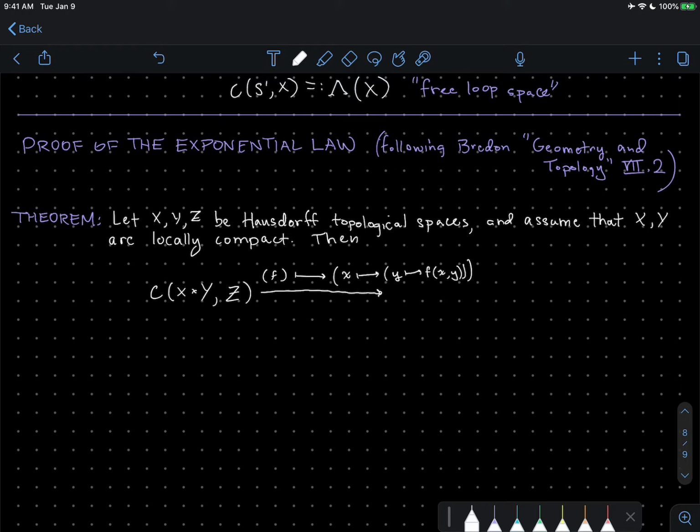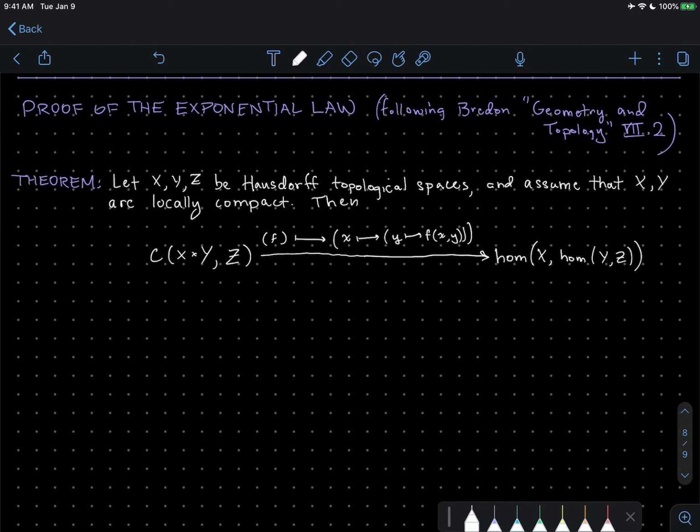There's a lot of parentheses. I'll state this in a clearer way in a second. And this lands, a priori, in just the set of functions as sets from X into the set of functions from Y into Z.